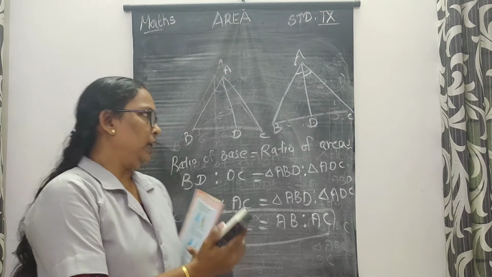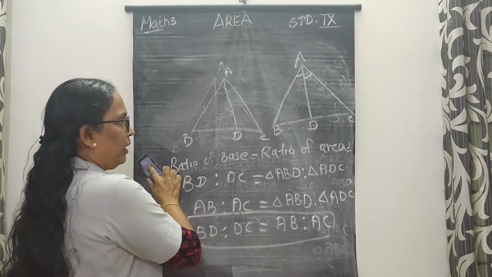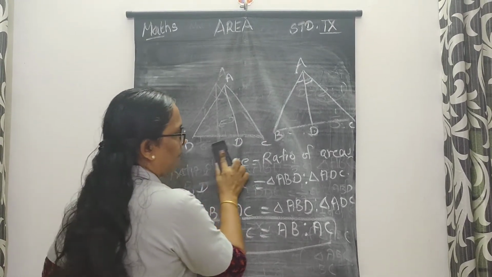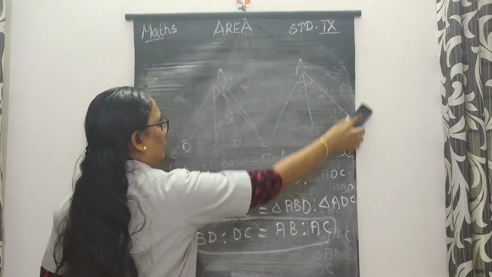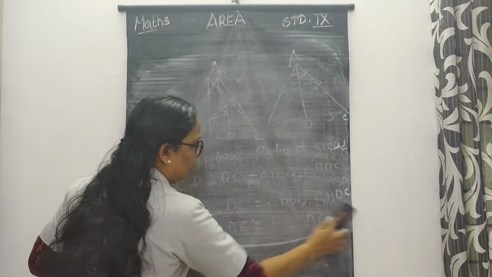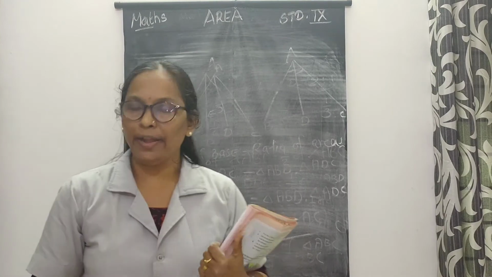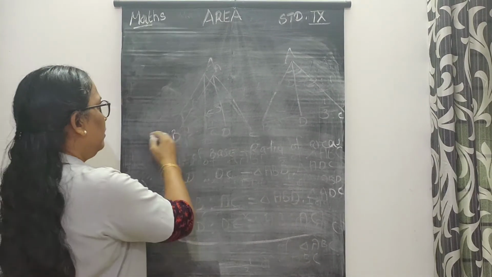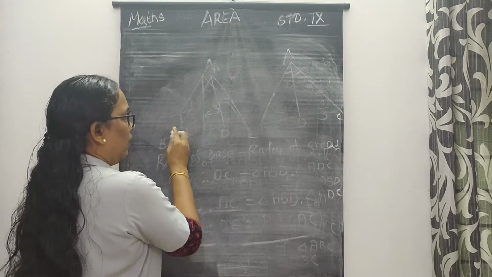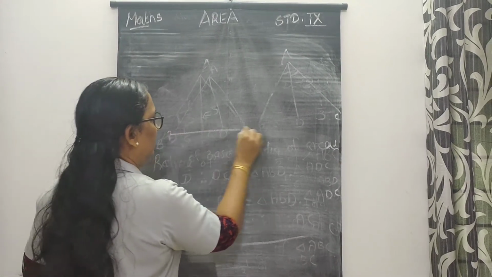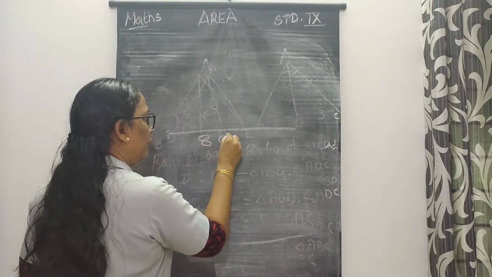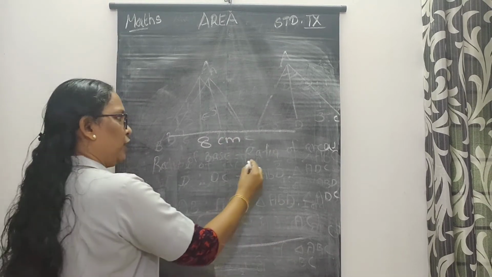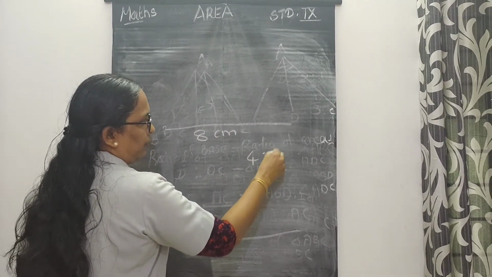Using this property, we can divide a line of length 8 centimeter. The question is, divide a line of length 8 centimeter in the ratio 4:5.